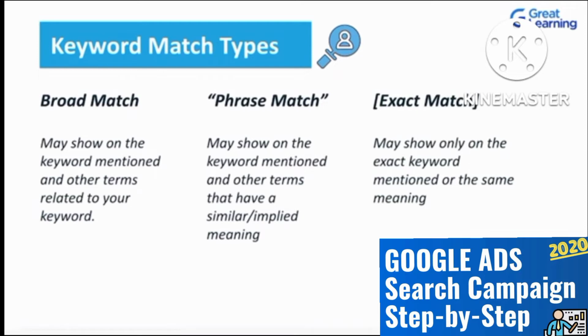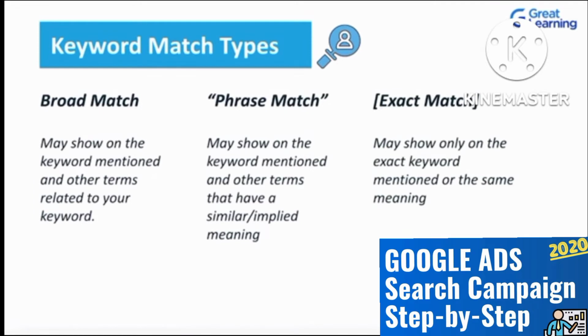For ease of understanding how these three keyword match types are related, broad match loosely matches the keyword that you have mentioned, phrase match moderately matches the keyword, and exact match tightly matches the keyword. So that is the difference. In exact match, you know that this is the term that someone is going to search for exactly. And broad match helps you identify potential keywords or search terms that people are searching.